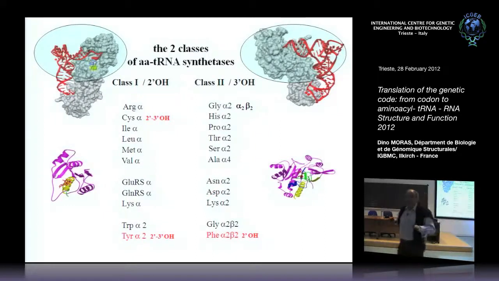It cannot be either. It's one or the other. It cannot be both. But you can see the partition, and there are 20 amino acids basically, and you have 10 and 10. That also is a strange situation. When you find 20 amino acids for the message, and you find two groups of synthetase charging 2' or 3', and you find that these two groups are equally distributed, 10 and 10, what is the reason for that?